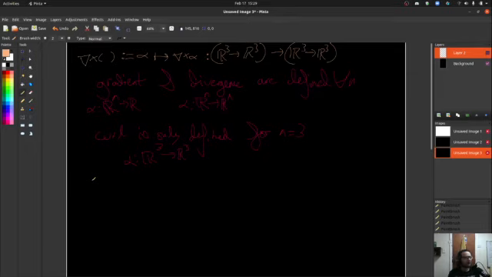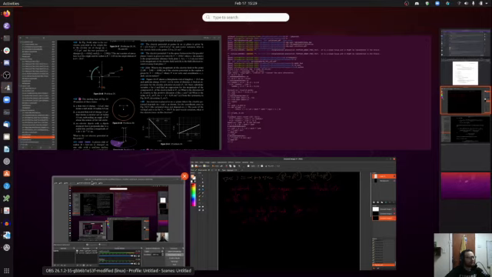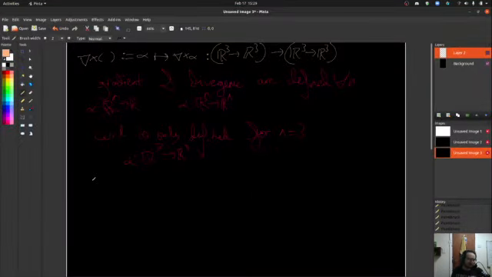Meaning, the number of arguments it has is one less than the number of dimensions you're in. So in R3, that's really simple. It's a binary operator.